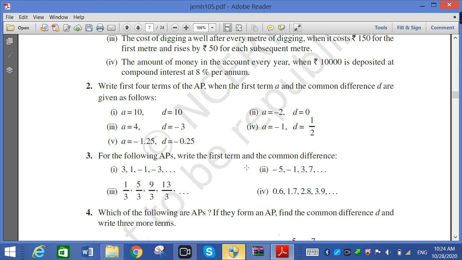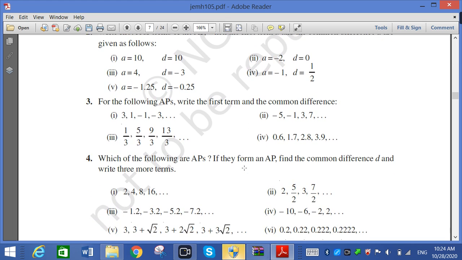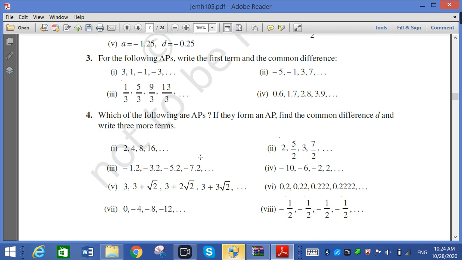Question second I have already discussed. Now question number 3. Find out the first term. So every time your answer is 3, your answer is minus 5, here 1 by 3, and here 0.6. Now common difference, every time d, find out consecutive differences. So in first, 1 minus 3, that is minus 2.